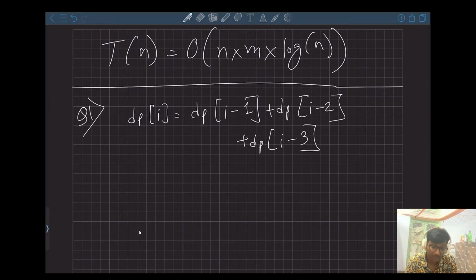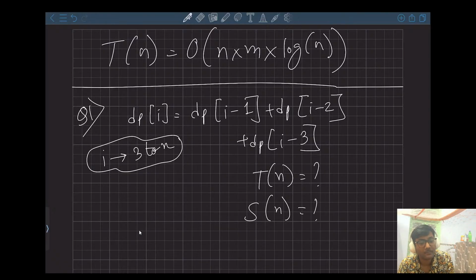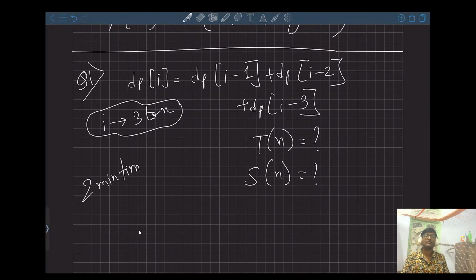Kind of like a Fibonacci series. And I goes from, I should say, 3 to n. So try to calculate the time complexity and space complexity. Try to give 1 minute or 2 minutes of time. Okay.